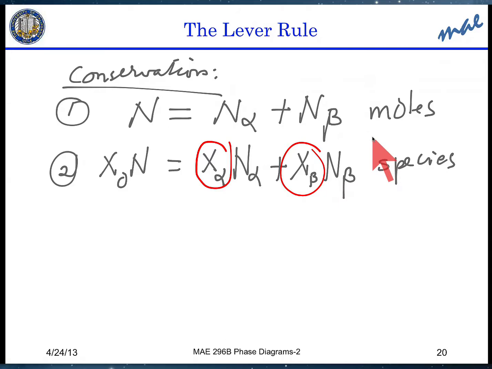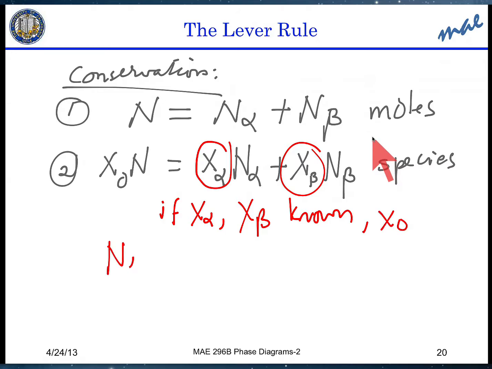If x alpha and x beta are known from the concentrations, and x0 also is known, then what we want to know is the fraction of moles that is in the alpha phase, and the fraction of moles that is in the beta phase.